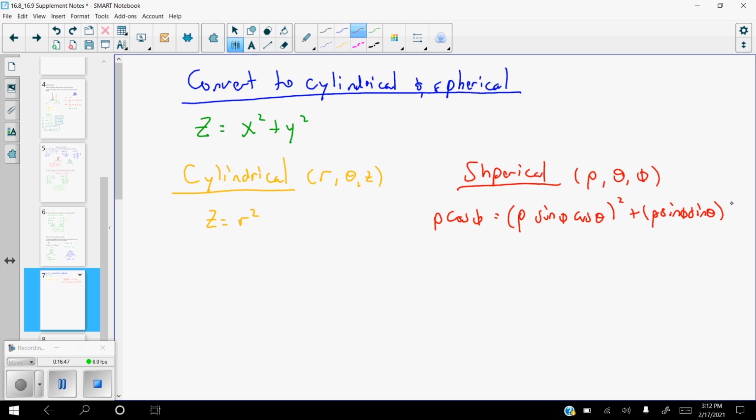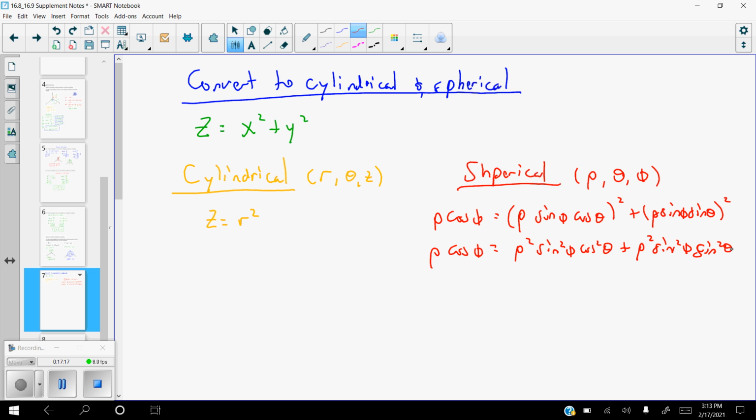So that's kind of your polar equivalent. So let's see, we're going to get rho cosine phi equals, squaring everything over here on the left-hand side, rho squared sine squared phi cosine squared theta plus rho squared sine squared phi sine squared theta.